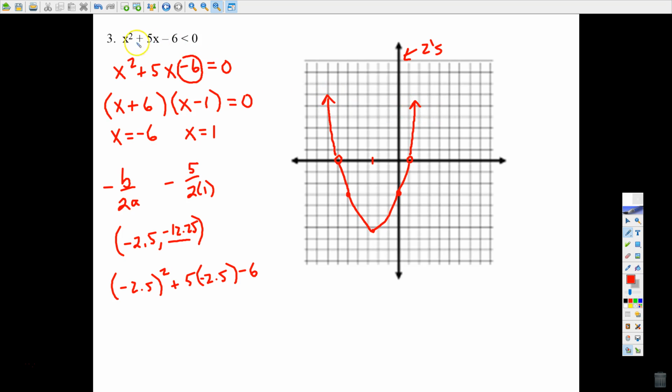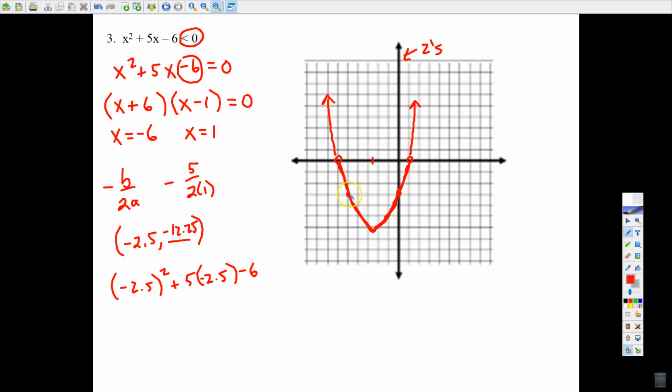And now I'm looking at the original inequality, and it says, alright, give me all of the x coordinates from this parabola, but I only want the x coordinates from the parabola where it is below the x-axis. It is below the x-axis, obviously, here. And those x coordinates that represent this part of the parabola are only right here.